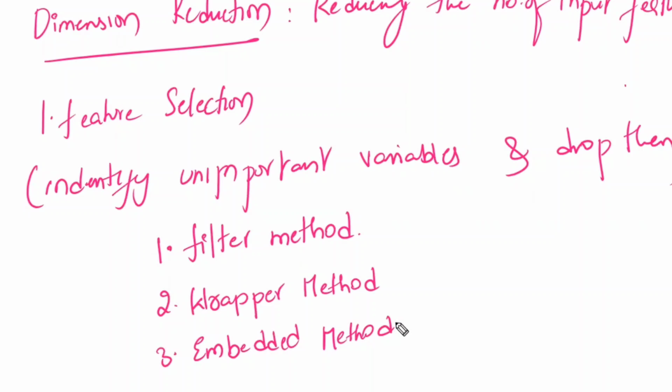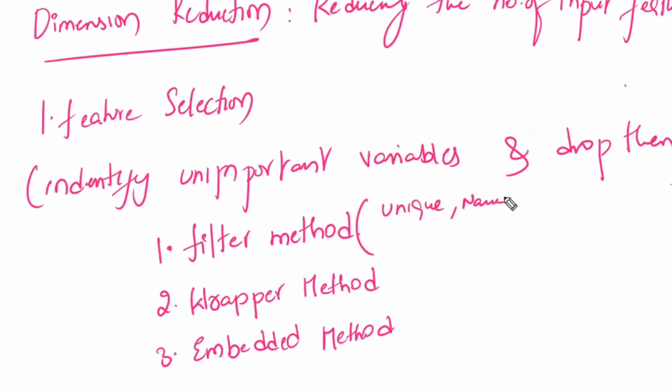Okay. So filter method, wrapper method and embedded method. Already you have completed all of this, just you don't know the names. Now I'm going to explain. Filter method means identify the unimportant variables and drop them using the filter methods. What are the filter methods? For example, from top to bottom, all the records are unique. Example, name of the student. What is the use of the name of the student in predicting the output variable?